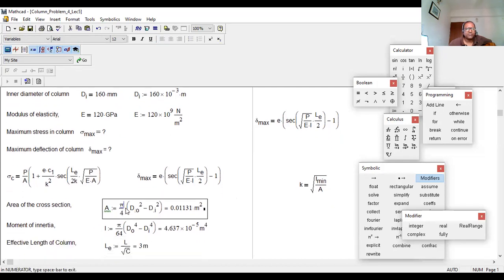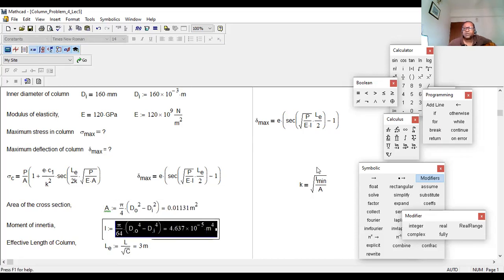This is the area, pi by 4 (d naught square minus d square) meter square. Moment of inertia is pi by 4. This is a hollow tube, so you need to take outer diameter to the power 4 minus inner diameter to the power 4. So this is your value of I.